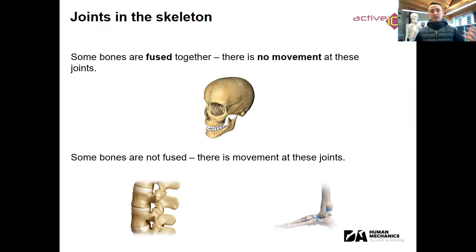Also, some of these bones are not fused, but some provide lots of movement and some don't. Within our spines, within the vertebral body, these are semi-movable joints. So we have a vertebra and a vertebra, and in between we have the intervertebral discs. Most of you will have heard about discs prolapsing, bulging, etc. in our spine. The discs are connected to the bones.